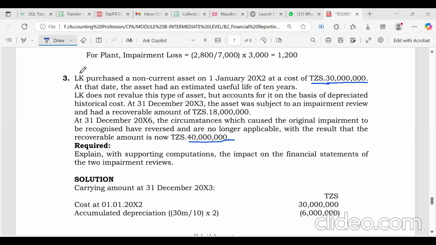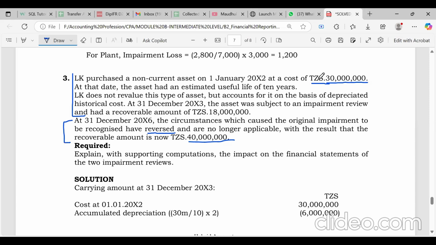So we are dealing with this question involving reversal of impairment. That was our main goal. The first section explained how impairment happened, and the second one showed us an indicator that the impairment was reversed.